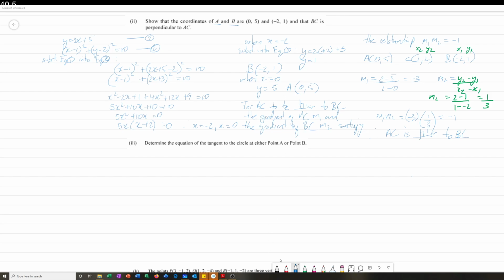Well, mainly because point A has a 0. And zeros are very nice to work with. So I will be using point A. So they say determine the equation of the tangent to the circle at point A.